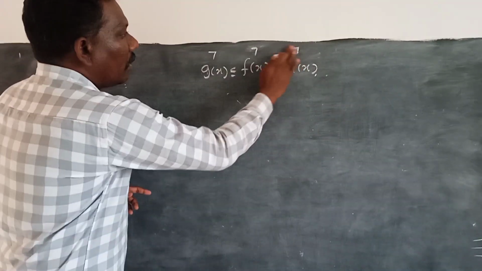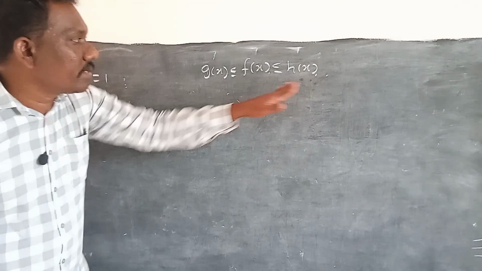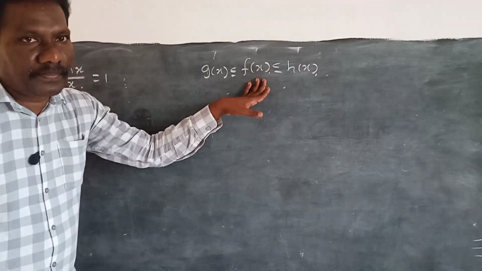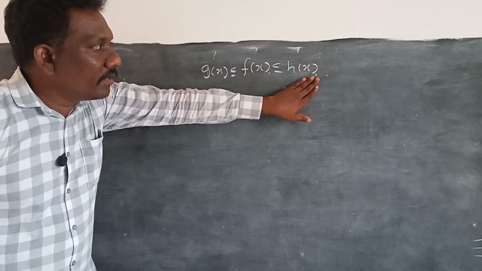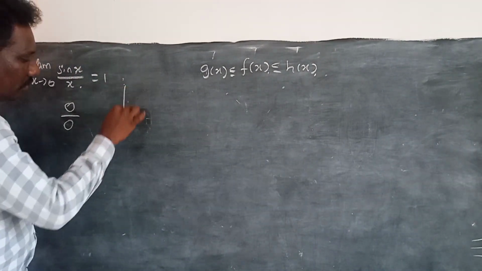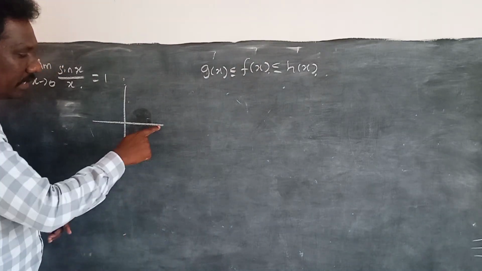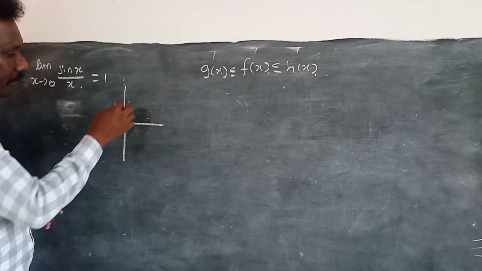Now, I need to know what is h of x, what is g of x, and what is f of x. And I'm going to define h of x. So how do I define this? Let's take a unit circle. So this is the x-axis and this is the y-axis.